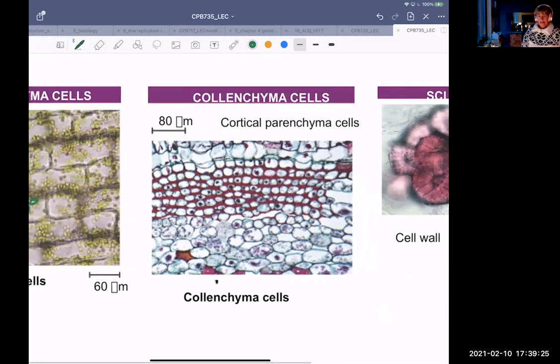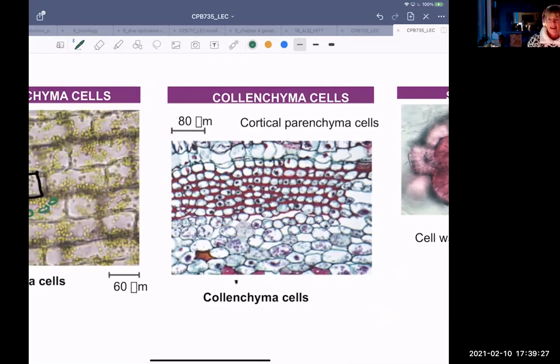Collenchyma cells are such that they're thick. So they're thicker than the parenchyma cells. They're unevenly thickened. So these cells are thicker than other cells, the cells in the middle there. And they can differentiate into lots of different kinds of cell types.